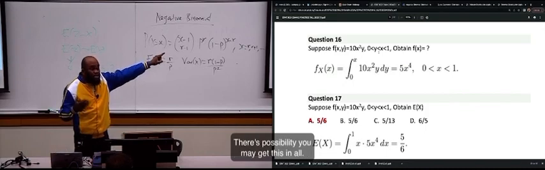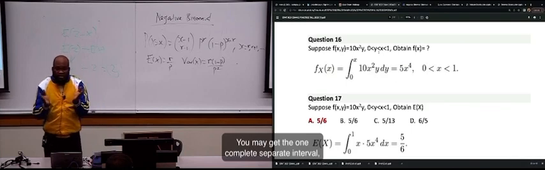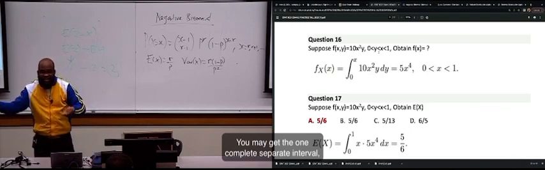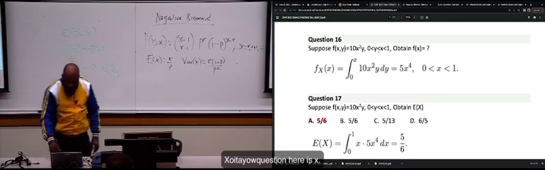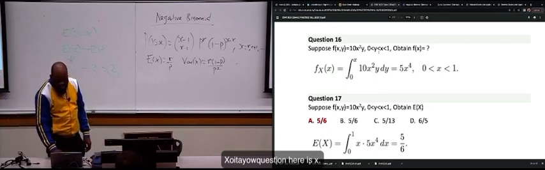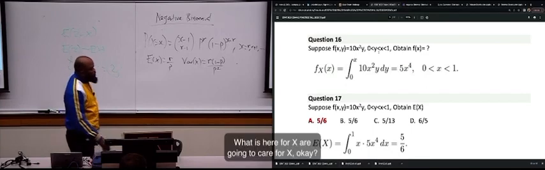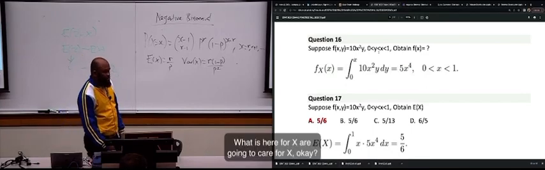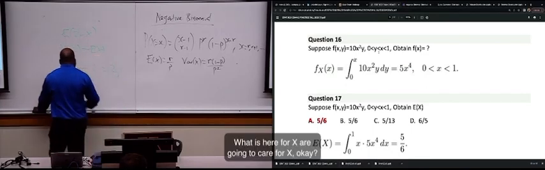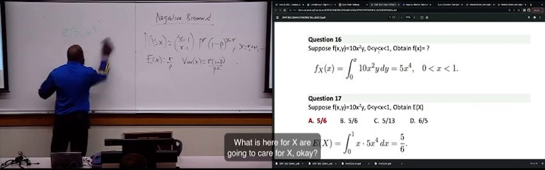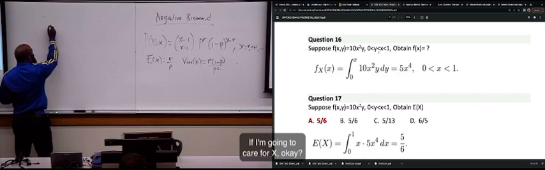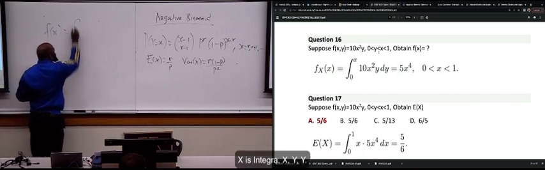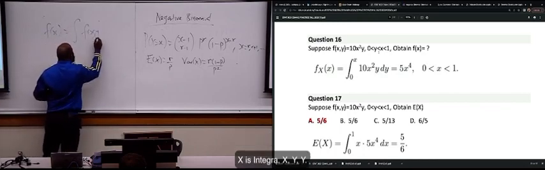In your exam you may get this, or you may get one that comes with a separate interval, the interval of x and the interval of y. Does that make sense? Now the question here is asking, what is the f of x? If I'm going to get f of x, then f of x is the integral of f of xy dy.